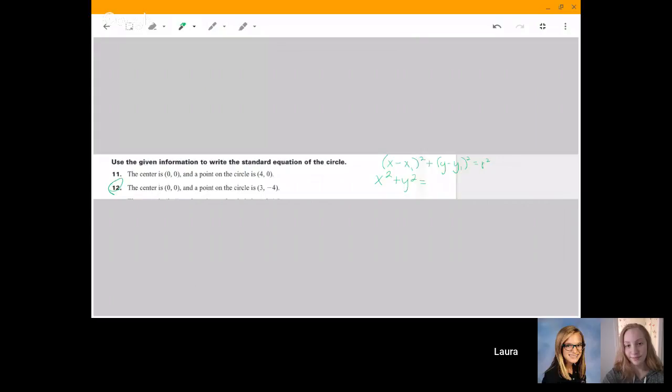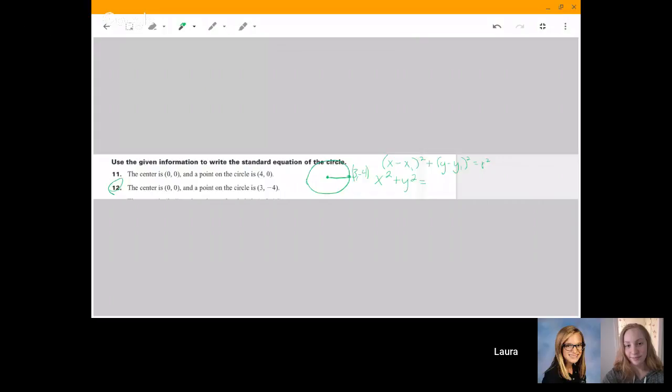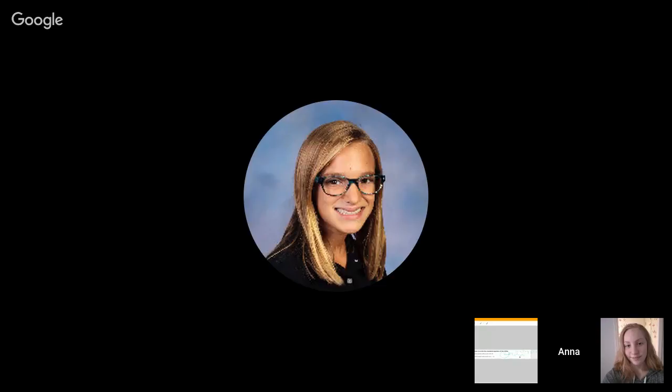In order to find the radius, if we know the center is 0, 0, and we know this other point, let's say it's 3, -4, what do we call that length between the center and that point? The radius. So if we can find how long it is from that point to the center of the circle, then we'll know the radius. So you just do the distance formula?